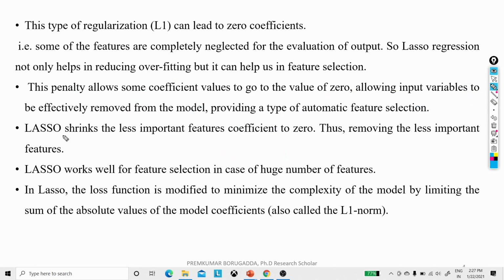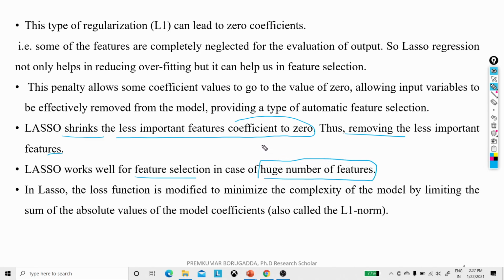So lasso shrinks the less important feature coefficients to 0. Among the input features, the features whose coefficients go to 0, we remove those less important features. Lasso works well for feature selection in the case of a huge number of features.